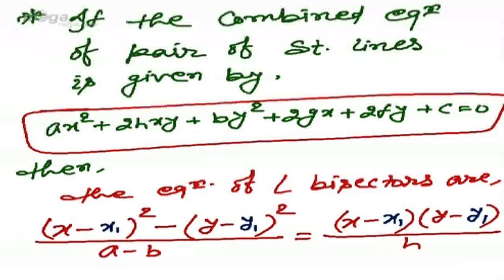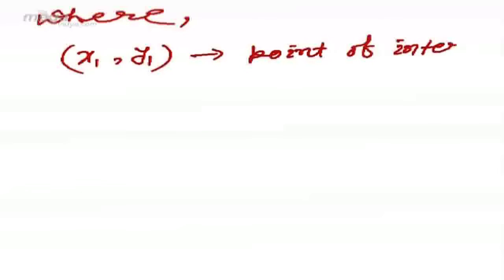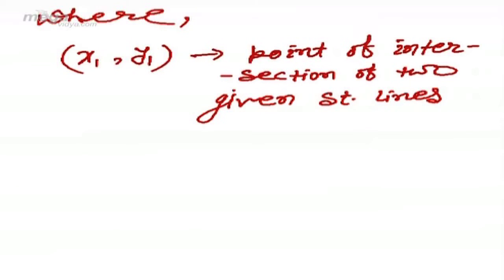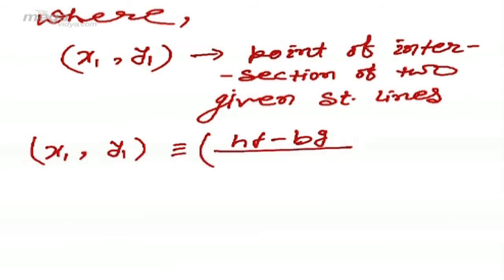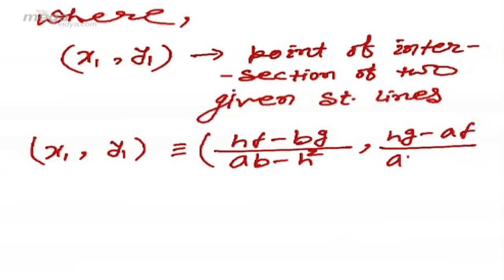And this point of intersection, how will we find it out? Where x1, y1 is the point of intersection of the two given straight lines whose combined equation is this. And student, you can find this x1, y1 by using the formula: x1, y1 is hf minus bg upon ab minus h square, comma, hg minus af upon ab minus h square.